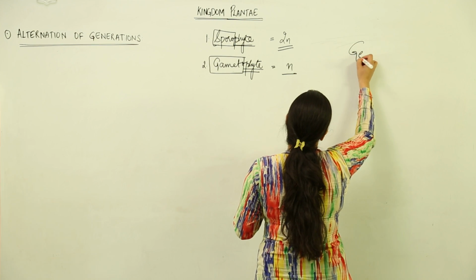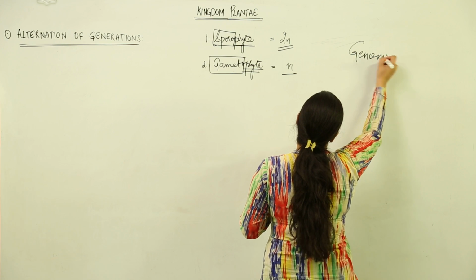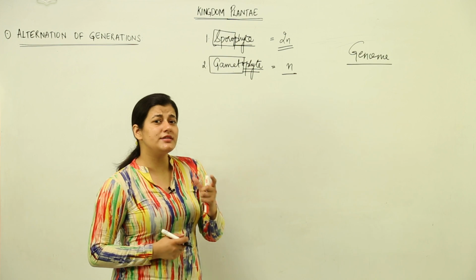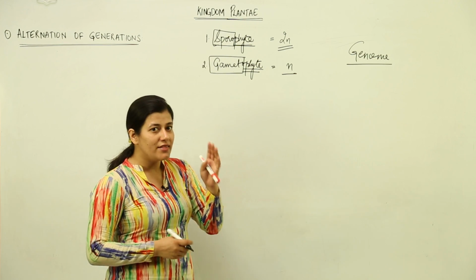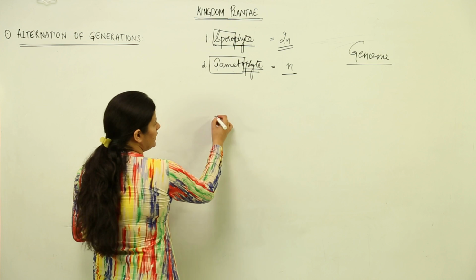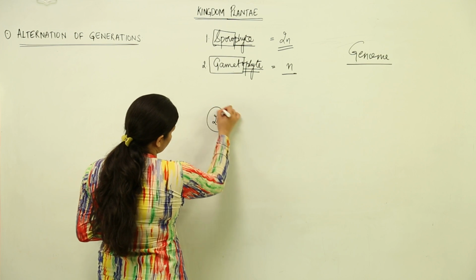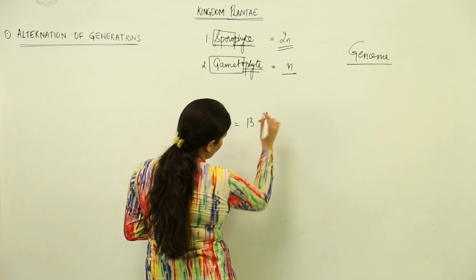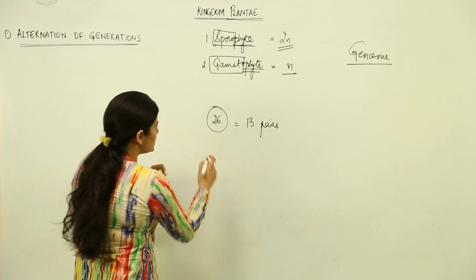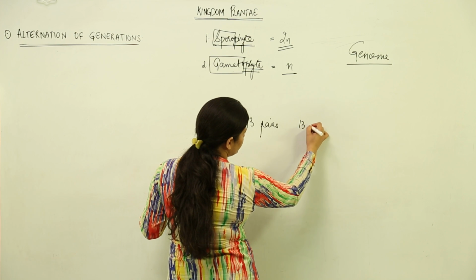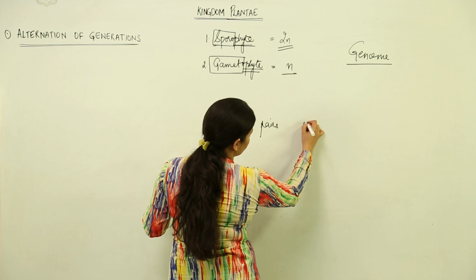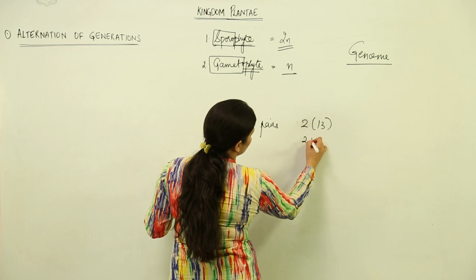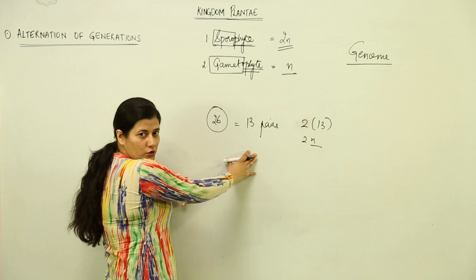You will be introduced to this in great depth when you study genetics, but for now, if the plant needs 26 chromosomes, that is 13 pairs, for expression of all its characters, then it is 2 multiplied by 13, that is 2n. This n represents the haploid chromosomal content.